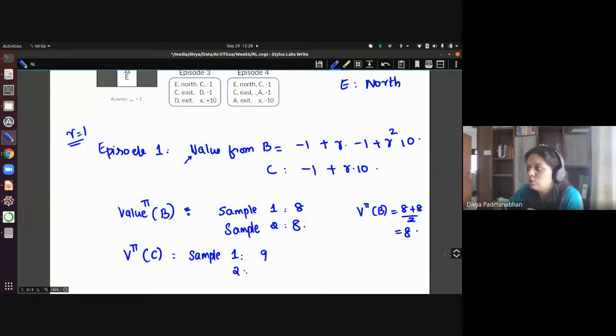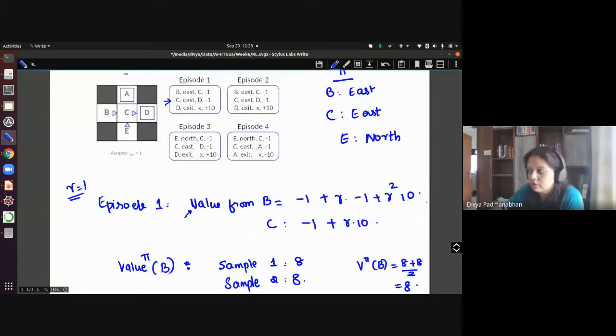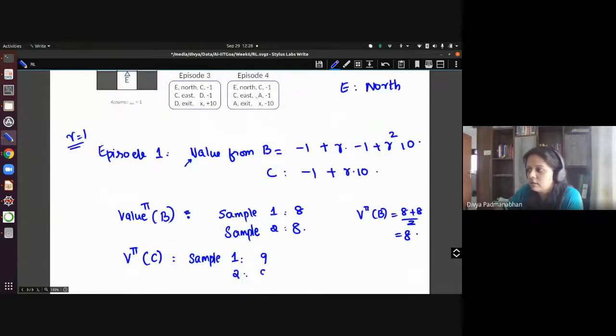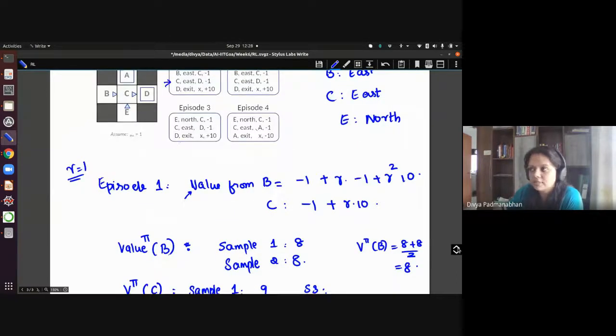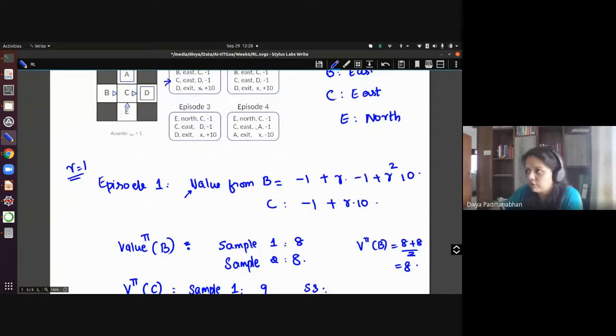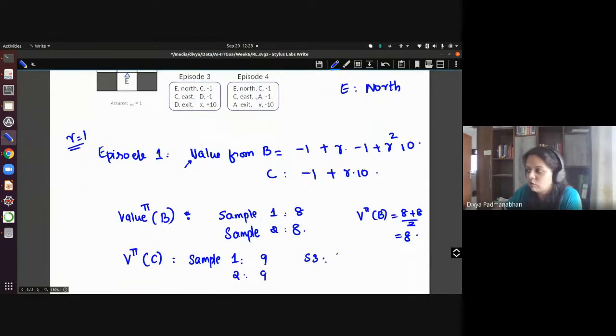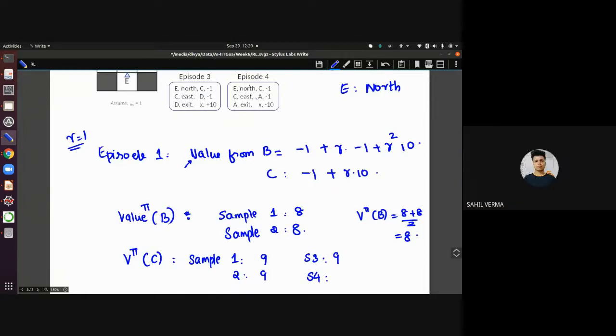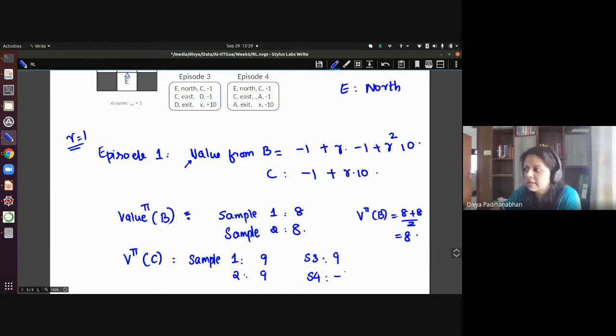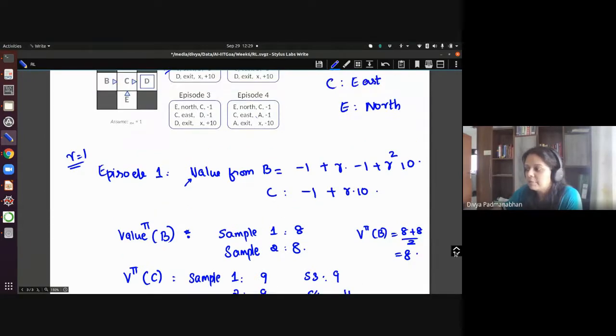And sample 2 is also the same thing, so you have a 9. And sample 3 is also the same, 9. So from episode 3, I will get an estimate of 9. And from episode 4, it is minus 11. So basically I can add up all these.